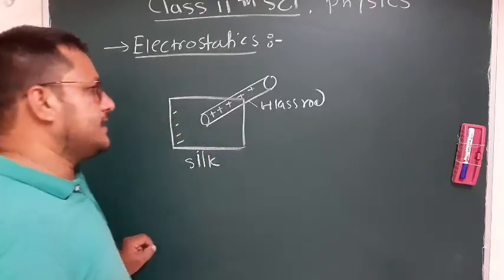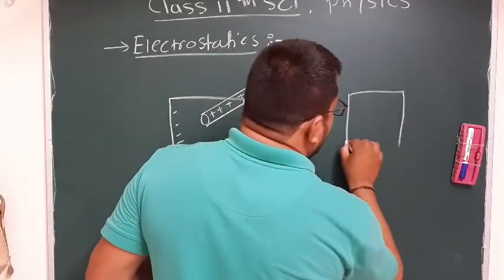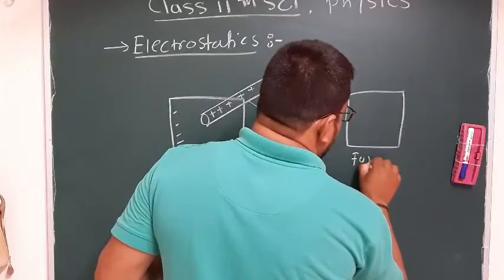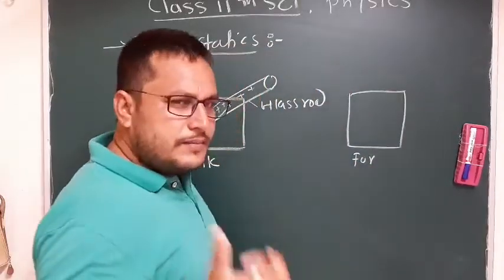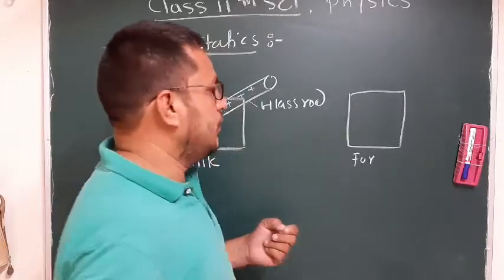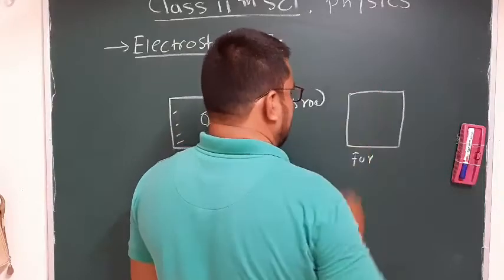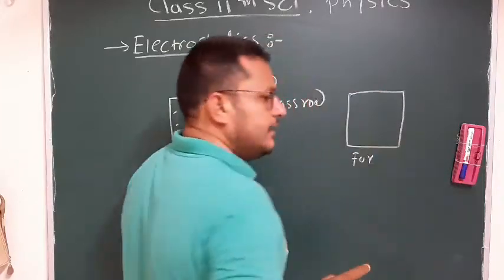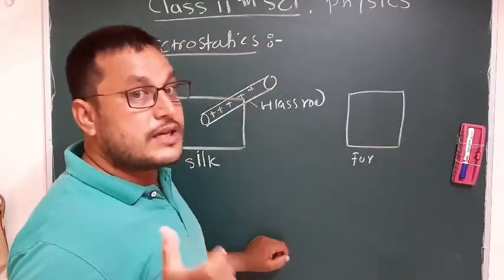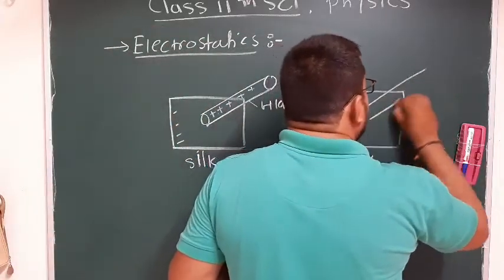In another case, suppose we have a cloth made of sheep's wool, or the hair of a sheep, that is fur. In Marathi we can also say ghungdi.